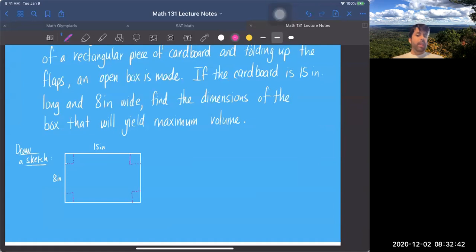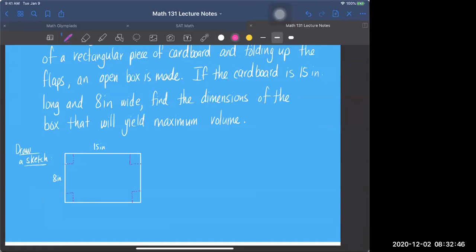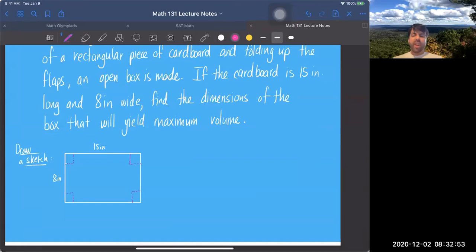Do we know the length of these squares? No. So what's the variable we're going to use? If we don't know the lengths of those squares, why don't we call those lengths x? I don't know what they are. These are all x.